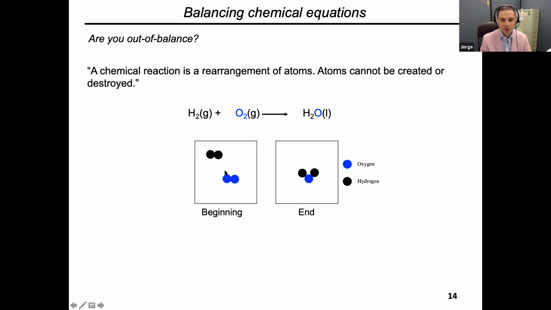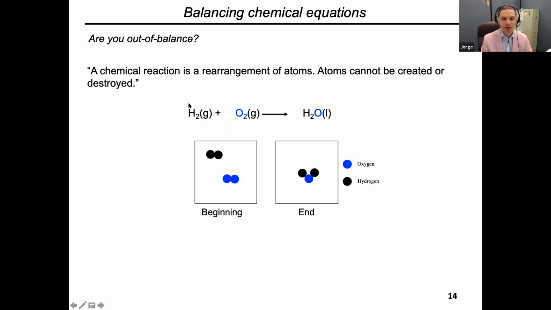However, we have 2 atoms of oxygen in the reagents and just 1 atom of oxygen in the product. So we are destroying 1 atom of oxygen. This cannot happen. That's why we balance reactions, to make sure the number of atoms before is the same as the number of atoms after the reaction.